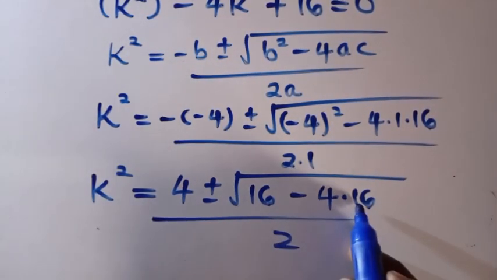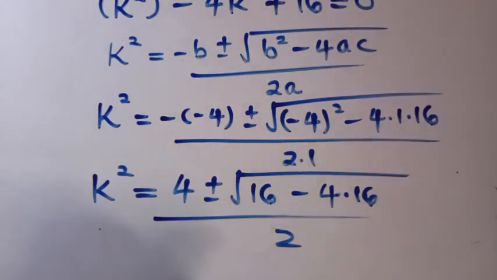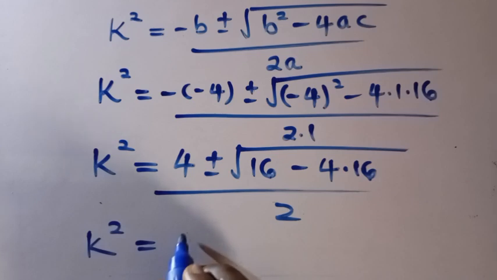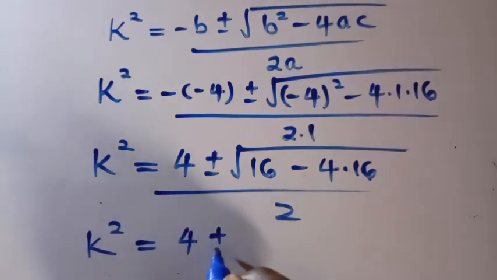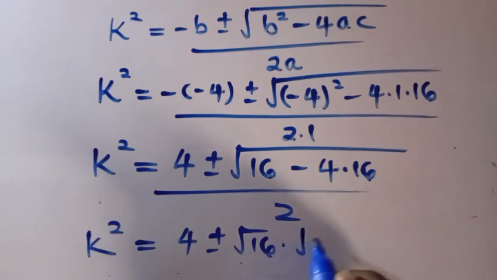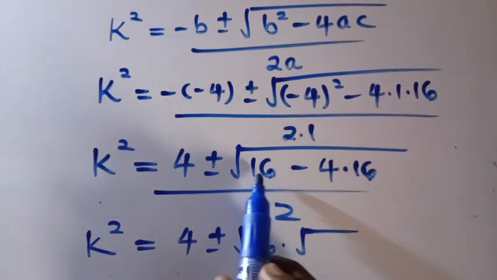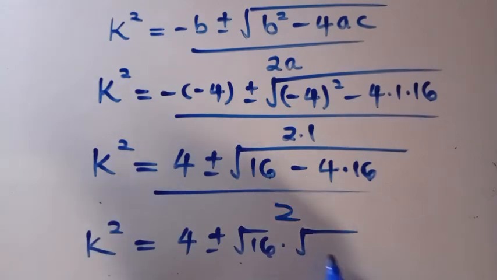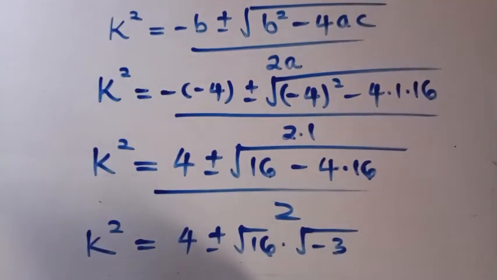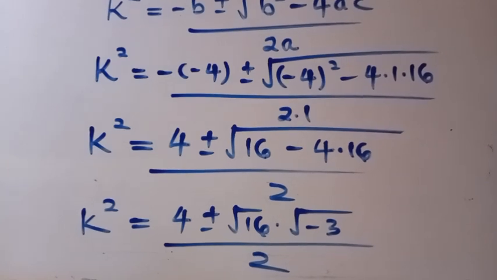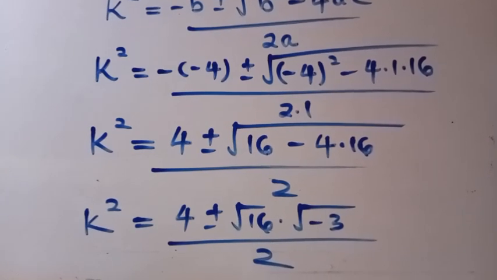So by factoring out 16 from here, we have k squared equals 4 plus or minus square root of 16 multiplied by square root of 1 minus 4, and 1 minus 4 gives us minus 3, everything divided by 2.